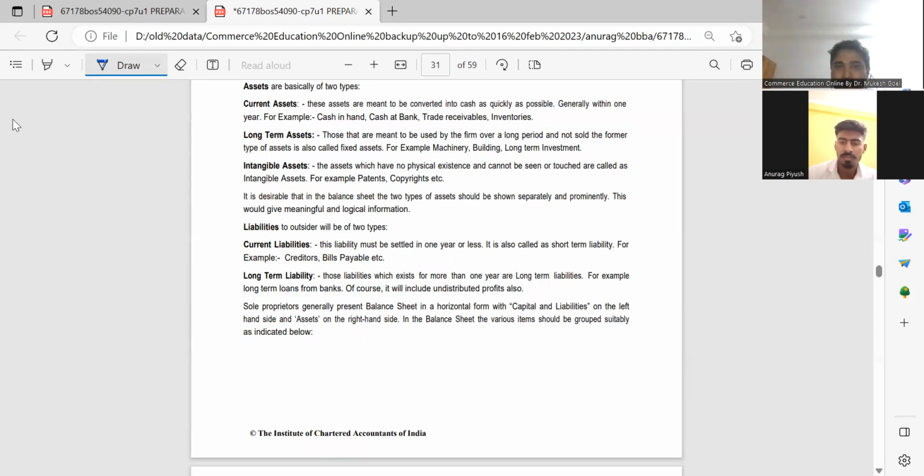Next is long-term liabilities. Long-term liabilities are those liabilities which exist for more than 1 year, or which we can say are payable after 1 year. This is called long-term liability. These are the long-term loans from bank or any other financial institutions.